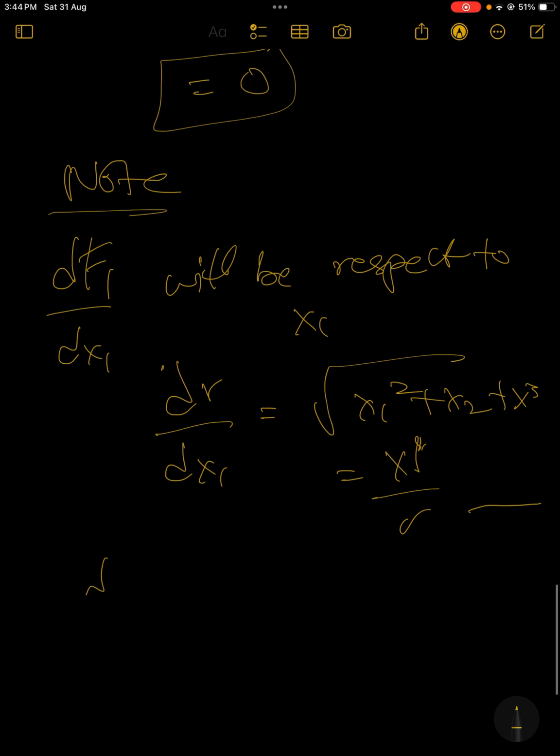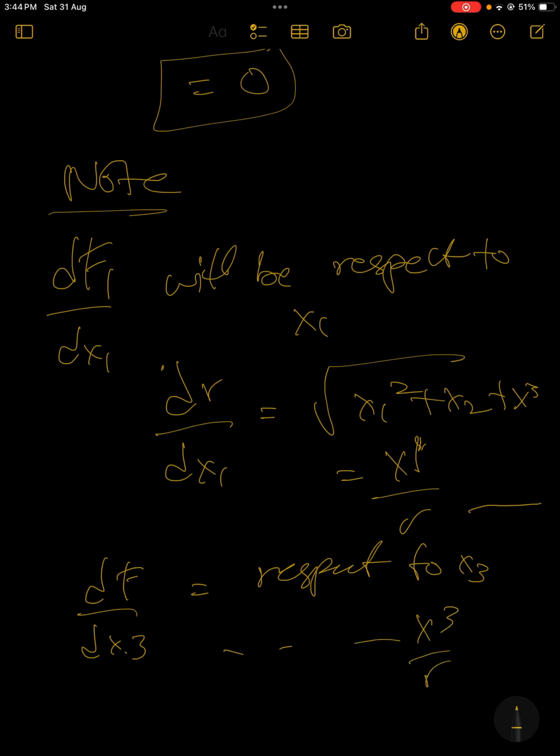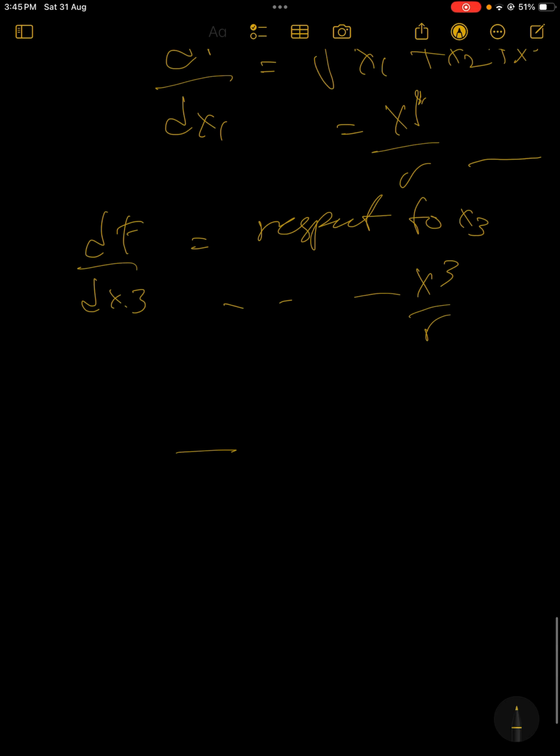Same thing with df divided by dx3, this will be with respect to x3, and so on. It's going to be x3 divided by r. That's how we take the derivative of the magnitude r, and we multiply it with the vector of the force, and we can find the answer when we combine it together. So we evaluated that the del of r divided by r cubed equals 0.